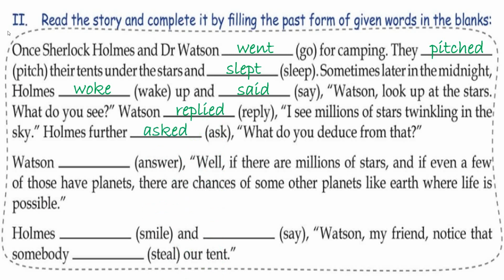Holmes further asked, What did you deduce from that? Watson answered, Well, if there are millions of stars and if even a few of those have planets, there are chances of some other planets like Earth where life is possible. Holmes smiled and said, Watson, my friend, notice that somebody stole our tent. It's so funny, no?